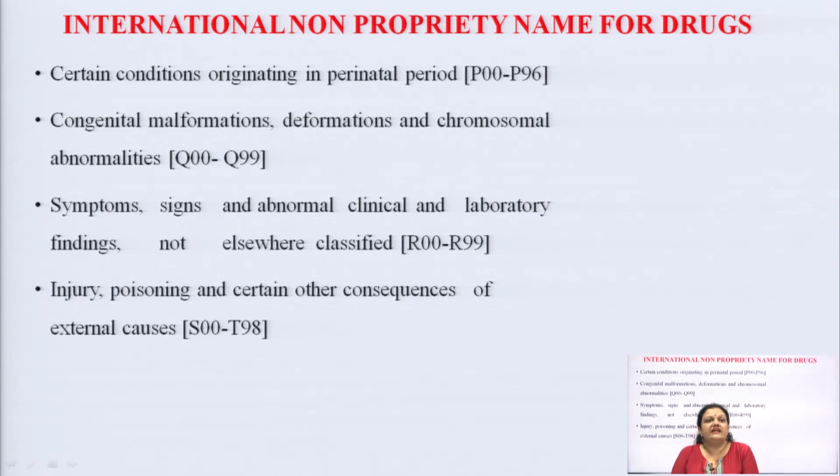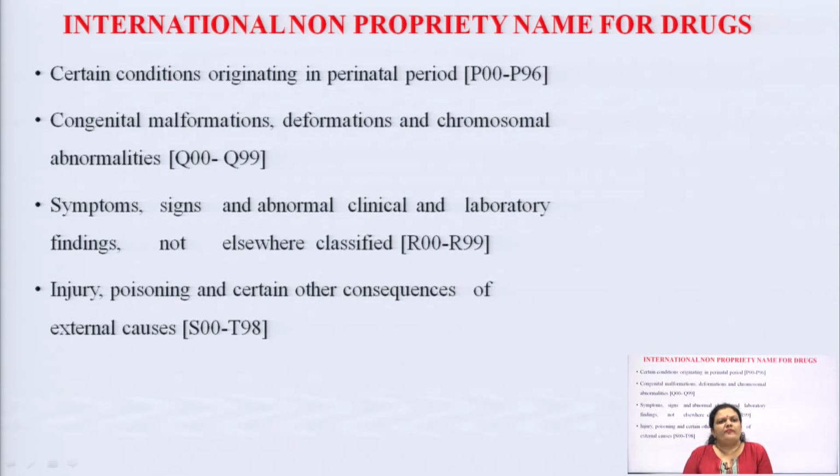Next, we have congenital malformation, deformations and chromosomal abnormalities. Congenital means since birth, means the neonate or newborn is born with that particular deformity. Okay. So, deformations like some organs not developed properly or like hole in the heart, so many disorders are there.